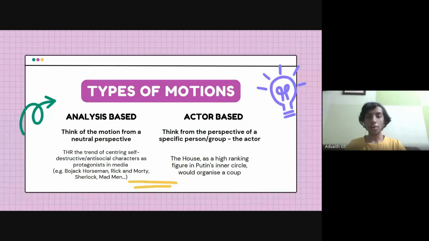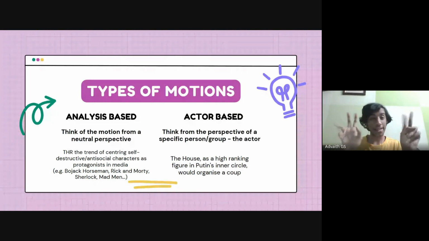When you talk about government's case, government is the team trying to support this motion, right? The government is going to prove that since self-destructive antisocial characters exist, they're going to detrimentally affect and worsen the lives of people who are watching these shows. They're going to say that if self-destructive or antisocial characters were not becoming protagonists, the world would be more positive, it would be better off, right?